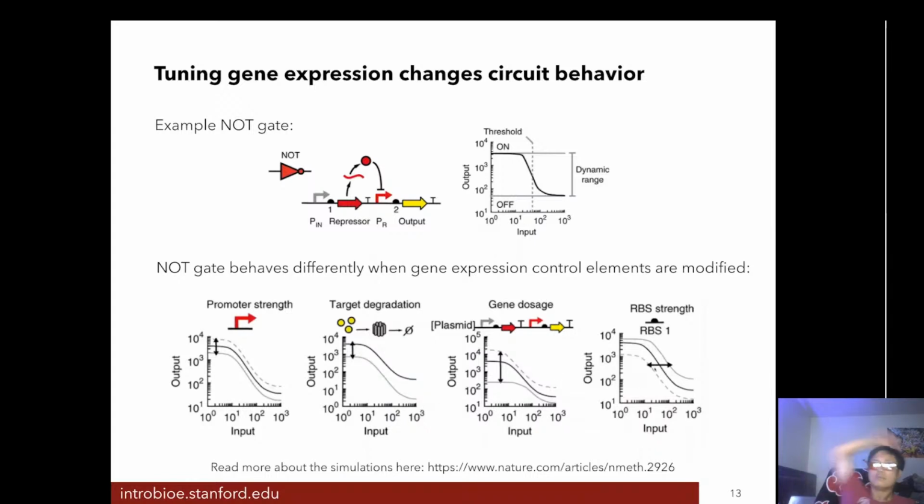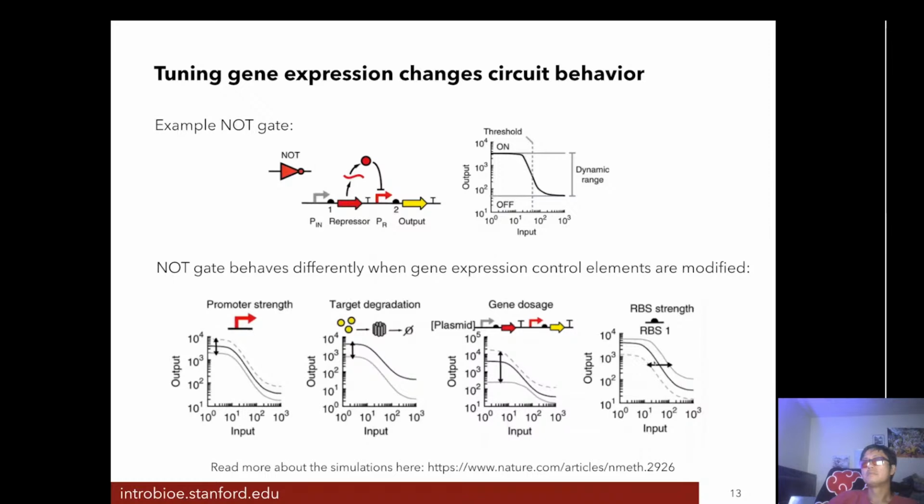By changing the ribosome binding site, you can actually shift the curve left and right and change the thresholds. So basically what I want you to take away from this is that there are many ways that you can tune synthetic genetic circuits in order to tune the behavior of your living cell, your biosensor, your remediator, whatever it is that you're trying to build, your CAR-T therapy.